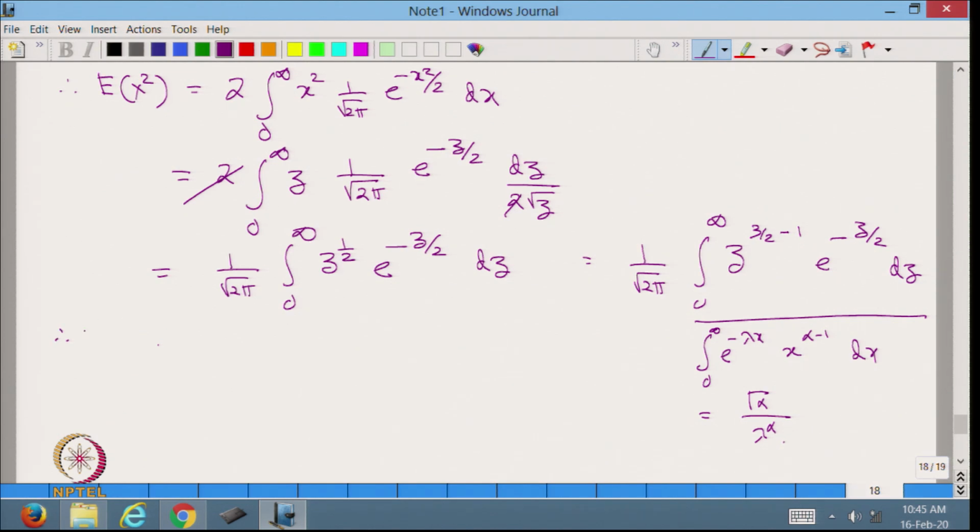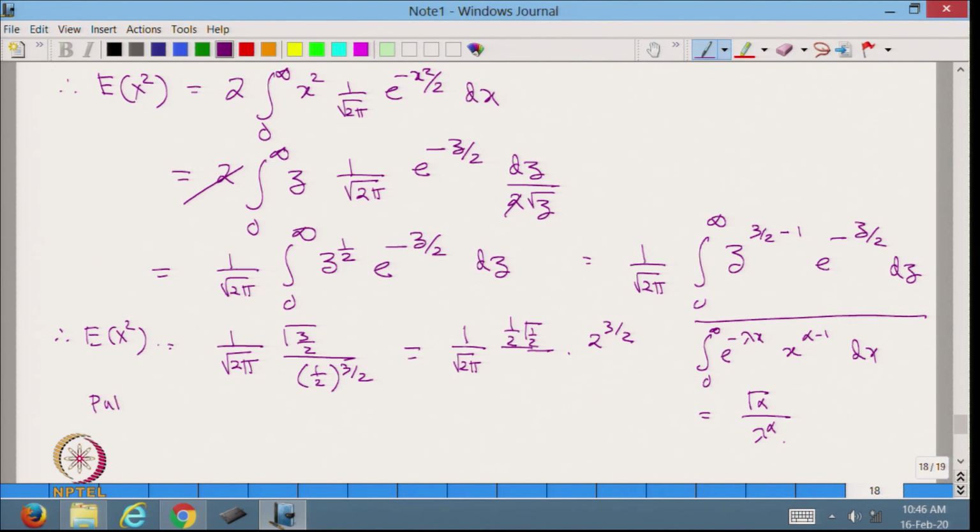Therefore, this expectation of x square is equal to 1 over root 2 pi gamma 3 by 2 divided by half to the power 3 by 2, which is equal to 1 over root 2 pi gamma 3 by 2, we write it as half gamma half, multiplied by 2 to the power 3 by 2.